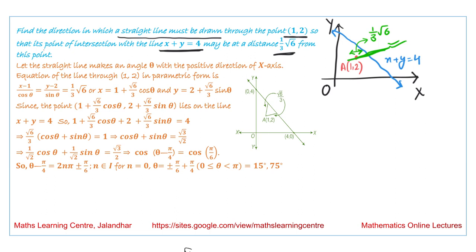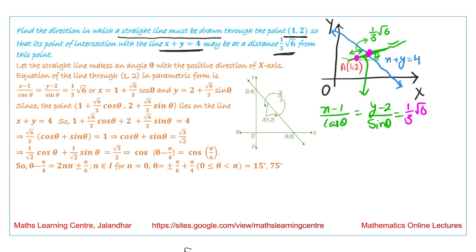Suppose this line makes an angle theta with the x-axis. Then the equation of this line is given by (x minus 1)/cos theta is equal to (y minus 2)/sin theta, and we are interested in a point on this line whose distance from A should be 1/3√6.